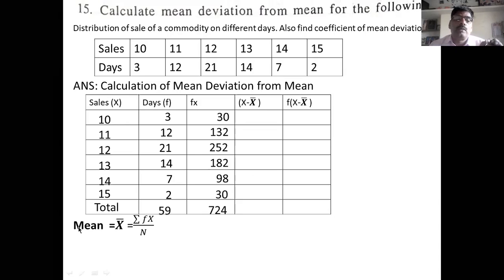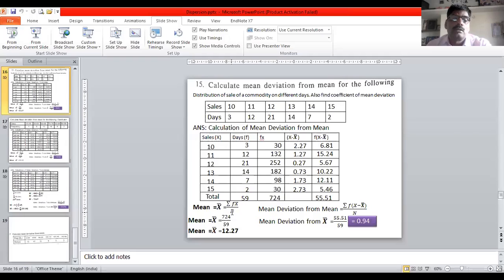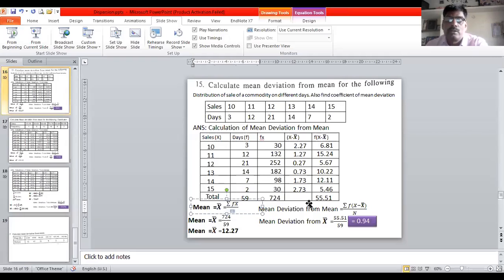So write the mean equation. Mean is equal to summation fx divided by n. In the previous problem, summation x divided by n was there. Here fx divided by n. I'll change the equation, otherwise you will get confused.